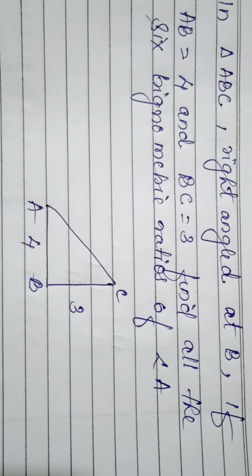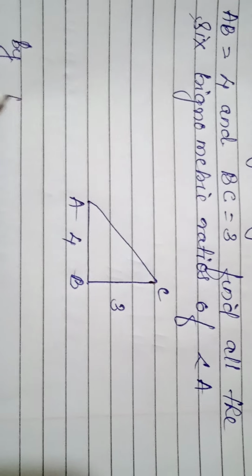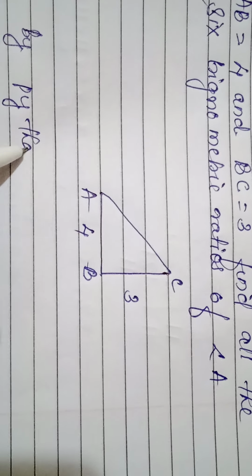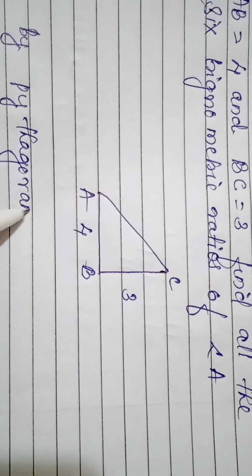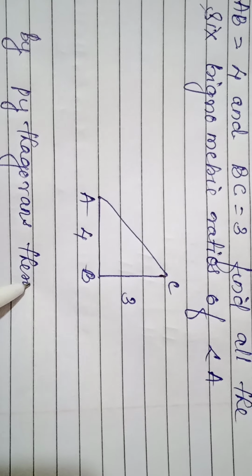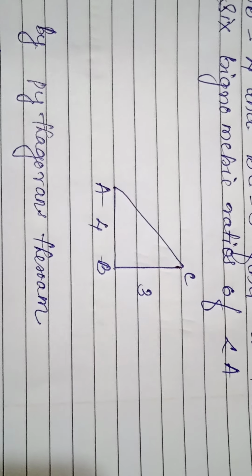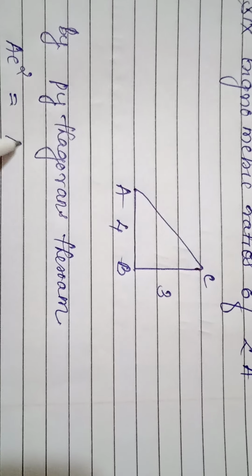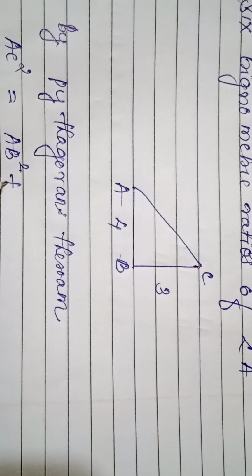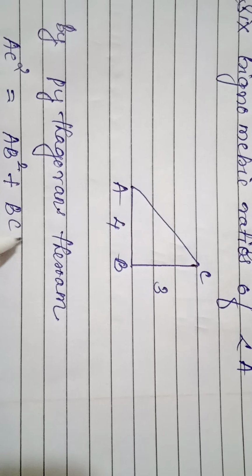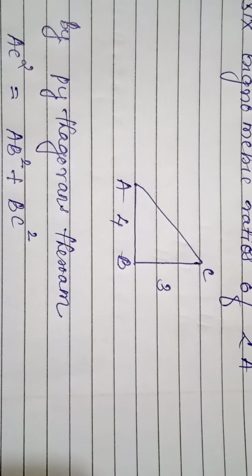By the Pythagoras theorem. So that means AC square, hypotenuse square, equals AB square, that is base square, plus BC square, that is perpendicular square.